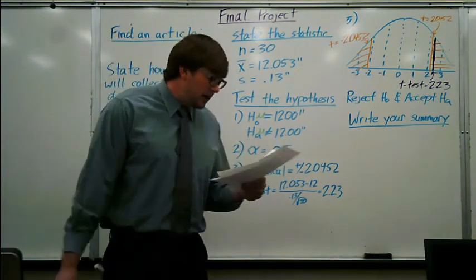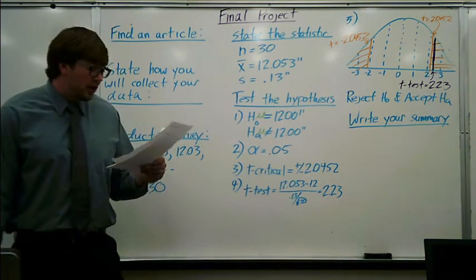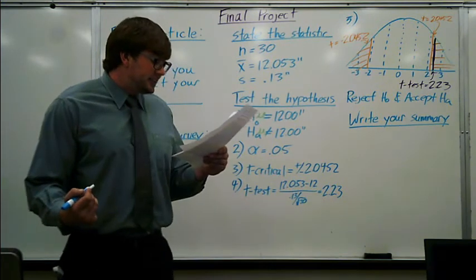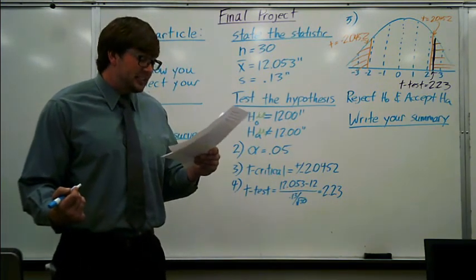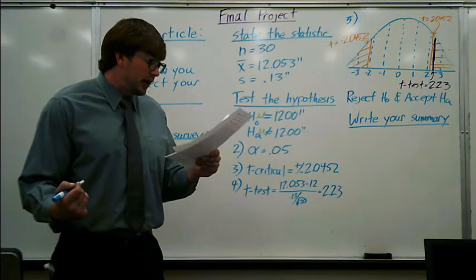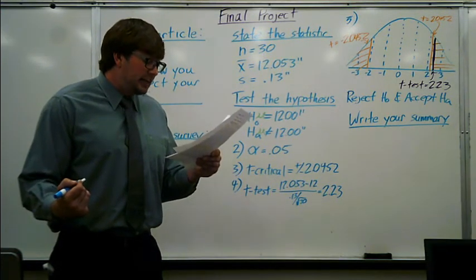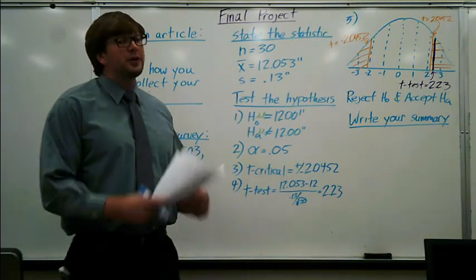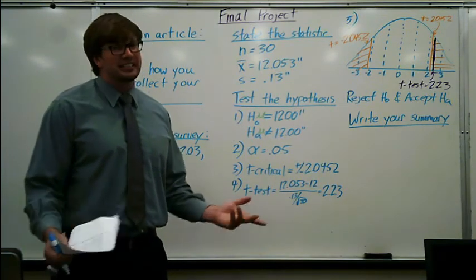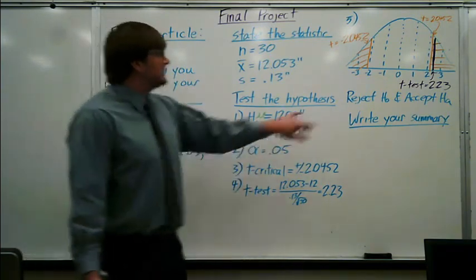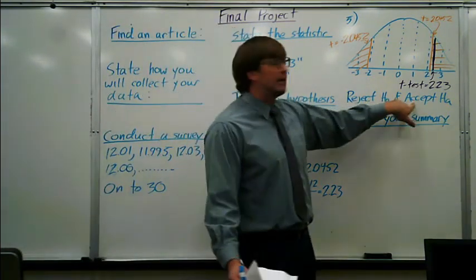Next part, conclusion about the article claim in light of the hypothesis test. This is the conclusion of your hypothesis test stated in words in the context of the situation in your project in sentence form, as if you were writing this for a non-statistician. So if you're writing this for a non-statistician, you don't want to talk about significance levels, this or that, but we decided to reject the null and accept the alternative.